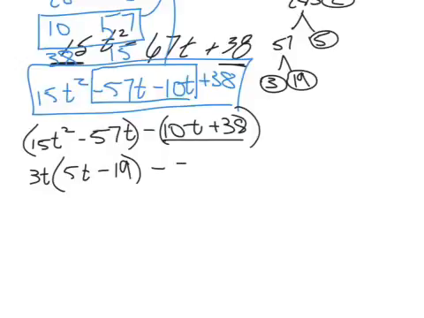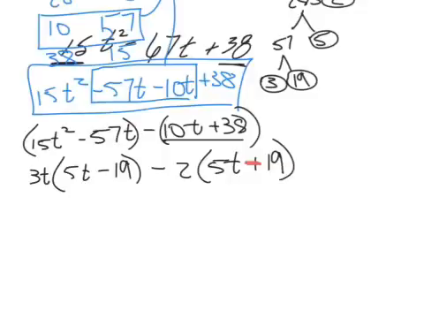I guess I can bring out a 2, and I'm left with 5t plus 19. Okay, so one of the things you notice here, numbers are the same, signs are different. When you're doing this, the signs are different because when I take this negative 2 times 19, I get negative 38, and I'm supposed to have a positive. So what I'm going to do here is I'm going to make this a negative.